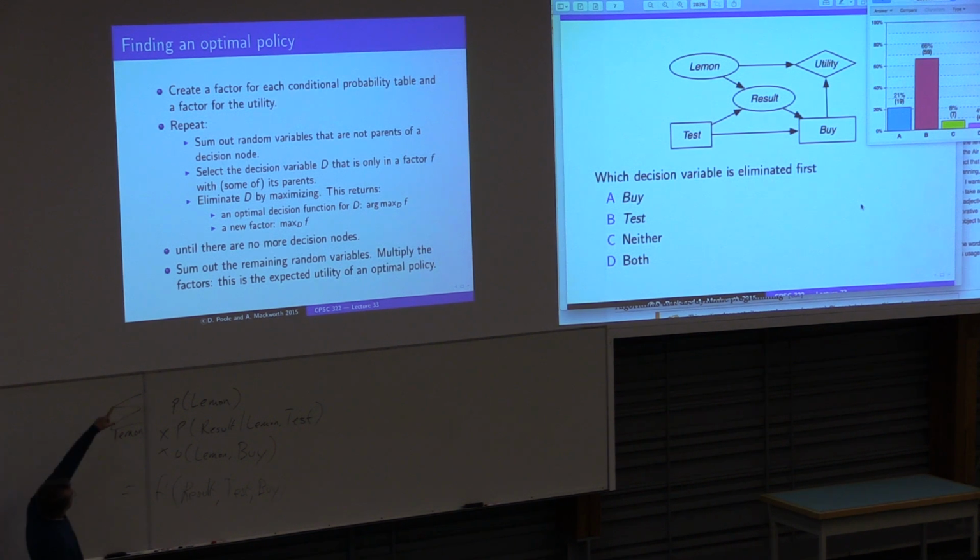So it says here, a decision variable that's only in a factor with some of its parents. This one here is only in a factor with some of its parents. The only thing in the factor is some of its parents. The answer here is bi. This thing here is a subset of the parents of bi.